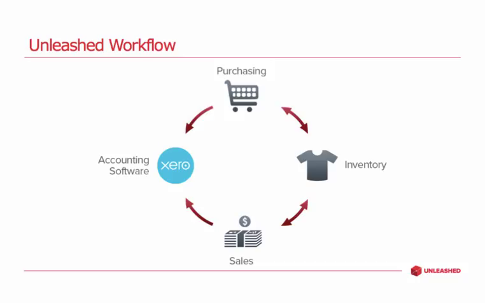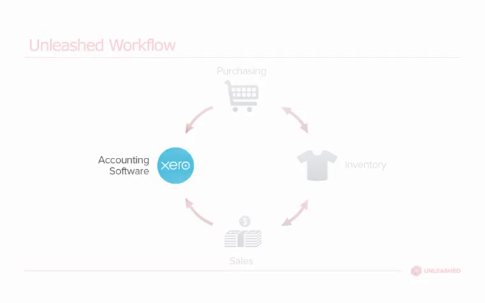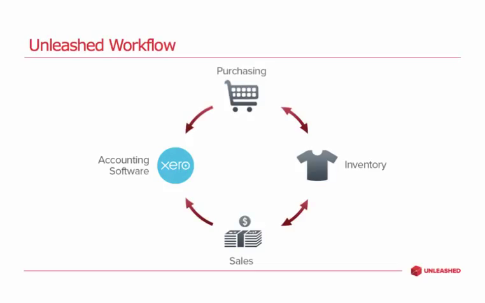We conduct sales out of Unleashed so we have real-time information about how much stock is on hand at any given time. From time to time, customers may request a credit, so we have the double arrow from sales back into inventory. Along the way in purchasing, inventory and sales, we may send through a transaction into your accounting software to keep your financial side up to date.